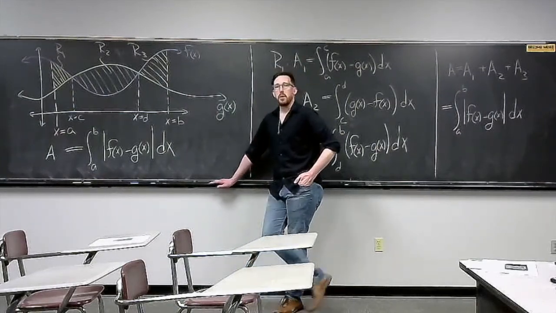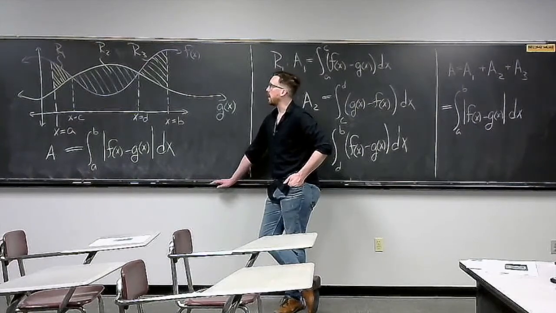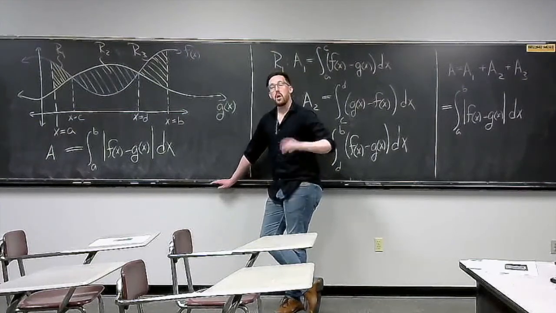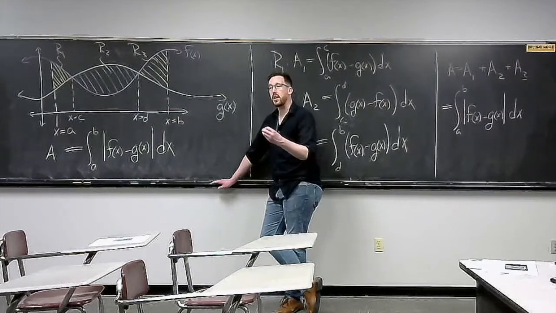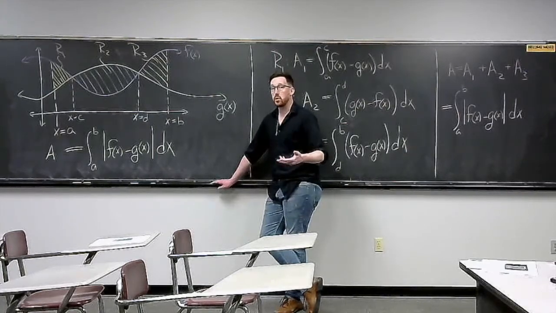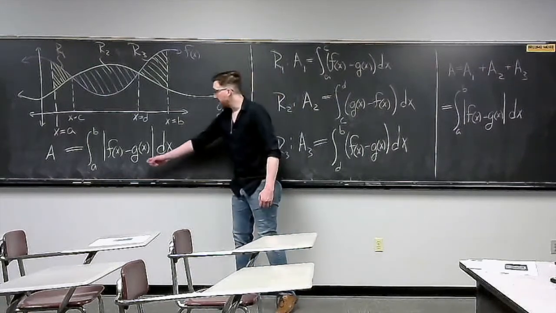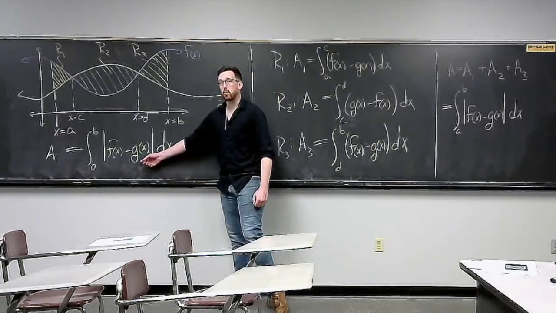Now I want you all to take a minute to think about what that tells us about a function and the area. Let me say this another way. I want you all to think about what that means for finding the area between a function and the x-axis. Because that has a very particular meaning here, right?